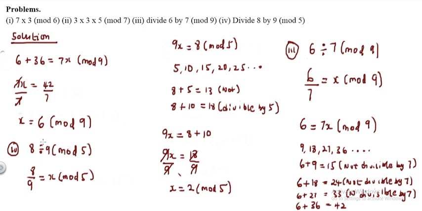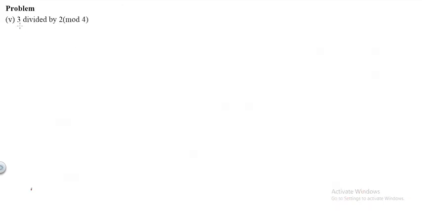There's something I want to show you. Normally this is written like this, a division sign with a circle around it. There's one other example I want to talk about. So say we ask: find 3 divided by 2 modulo 4. We write our solution as 3 divided by 2 modulo 4.